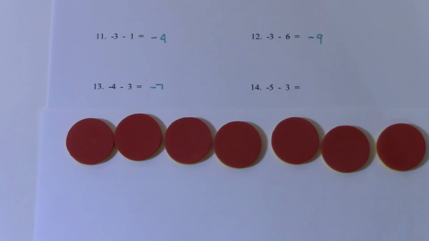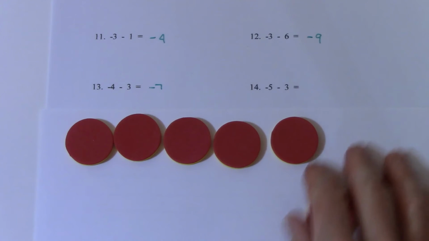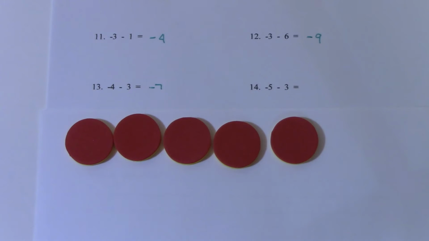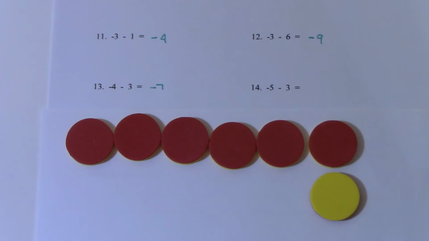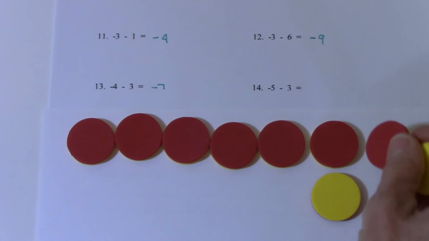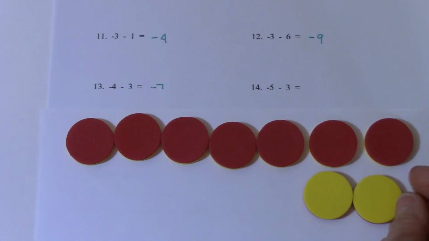In question 14, I have -5, and I'm going to take away 3. So I'm going to introduce 3 0 pairs. Very good. You guessed it before I even asked it. Awesome.